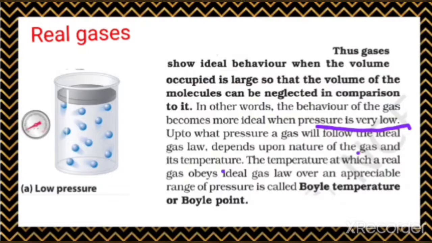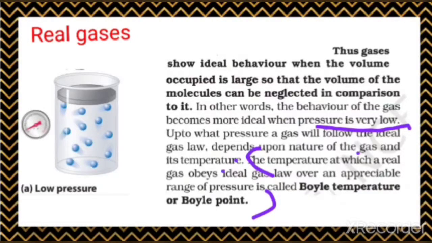And the temperature at which the real gas obeys the ideal gas law over an appreciable range of pressure, that temperature is called what? Boyle temperature. As we have discussed, real gases show ideal gas behavior at very low pressure, and that pressure depends on the nature of the gas and also the temperature.